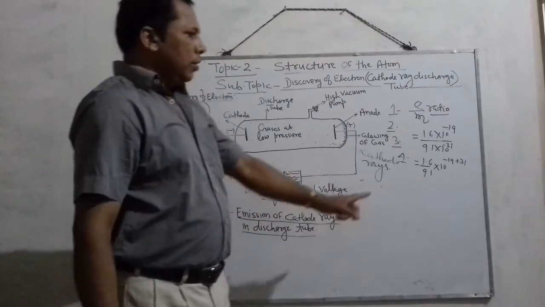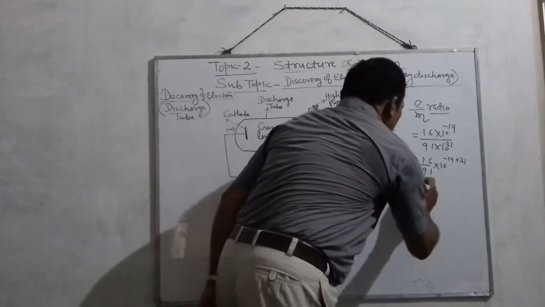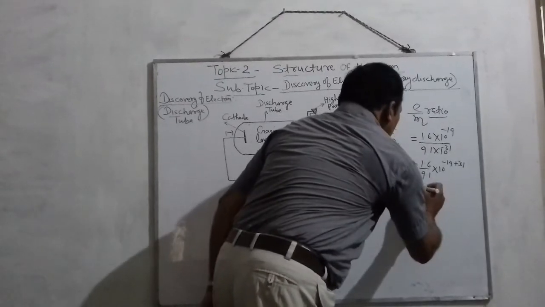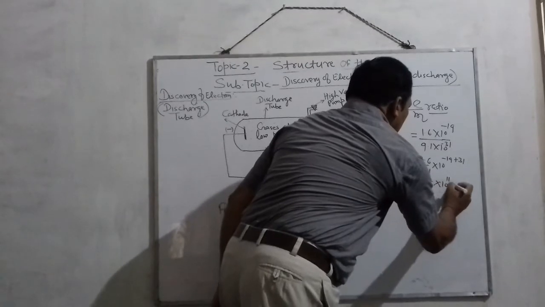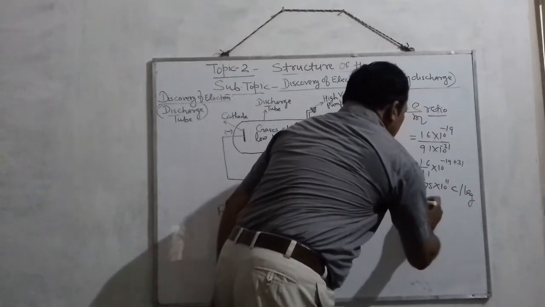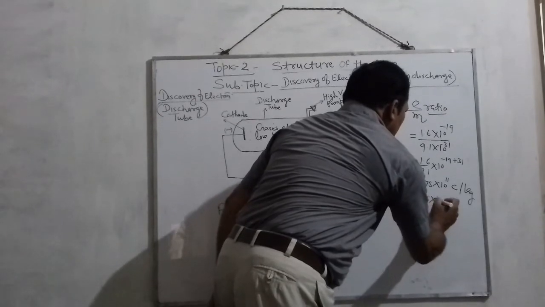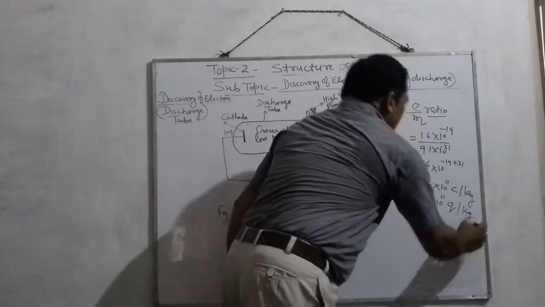Am I right, students? On solving, this value comes nearly equal to 1.75 into 10 to the power 11 coulomb per kg.